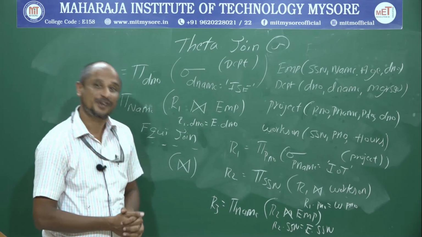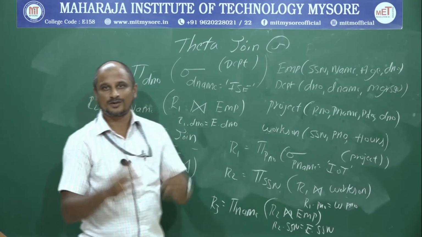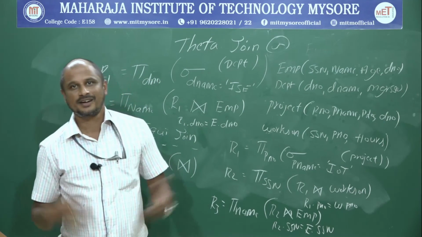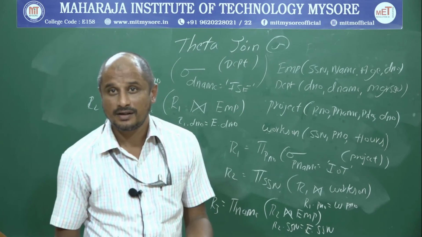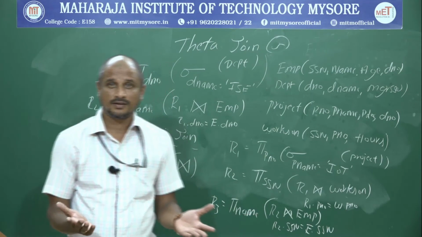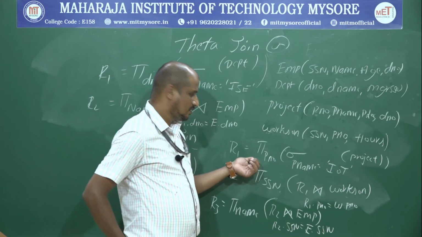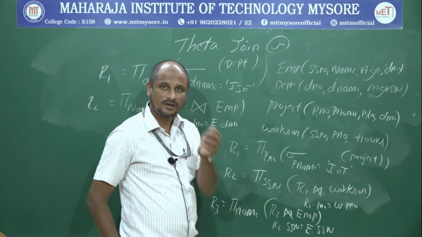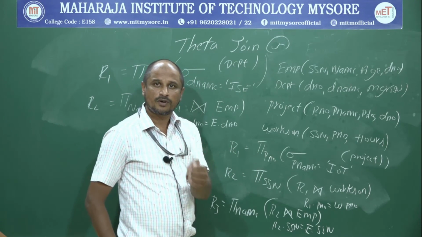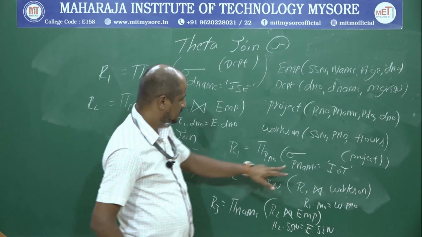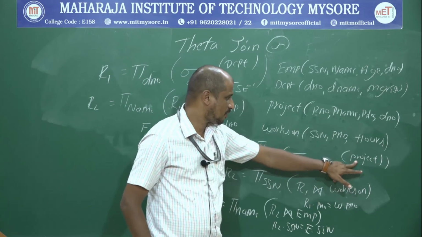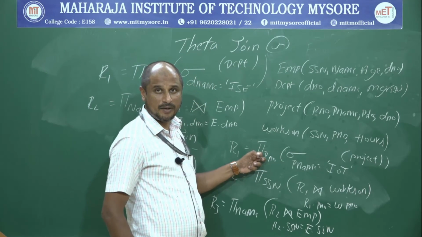That's what DBMS beautification makes. So want to score good marks? Write a query and get 4 out of 4. If I write theory, surely I will not get 5 out of 5, right? So this question is, as I told, you want to retrieve the employee names working for the project named IoT. So P name is equal to IoT, from the project table I retrieved P number.